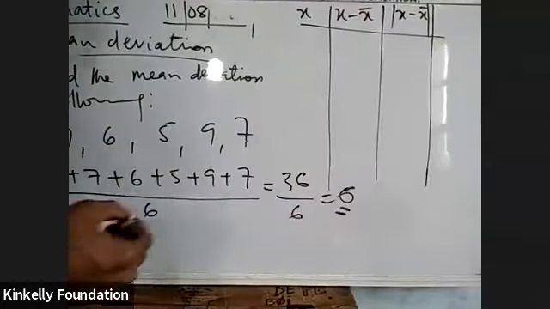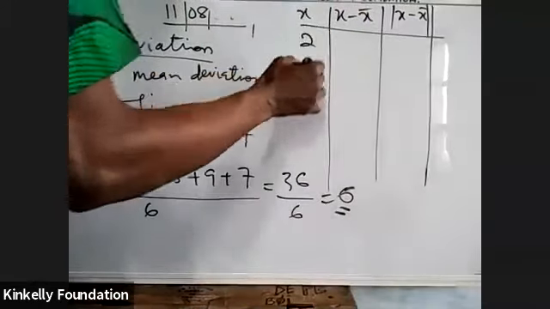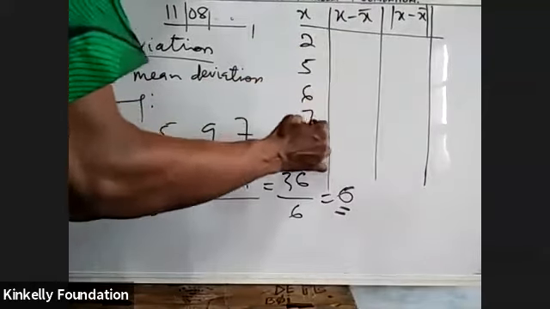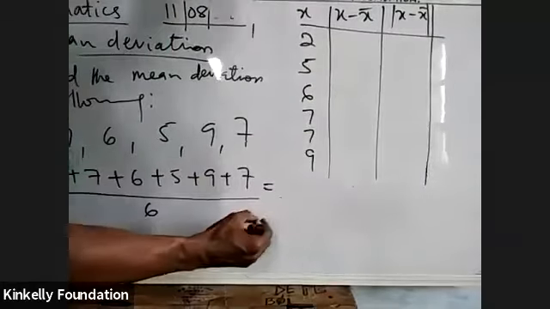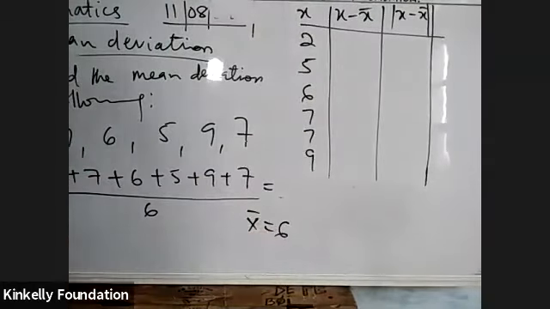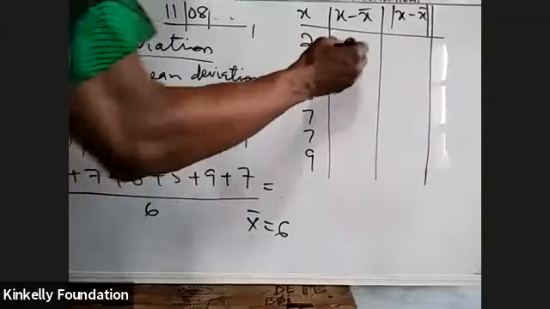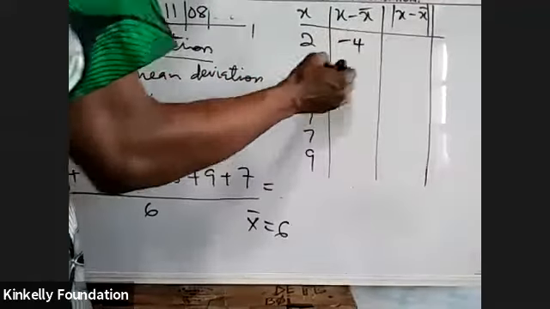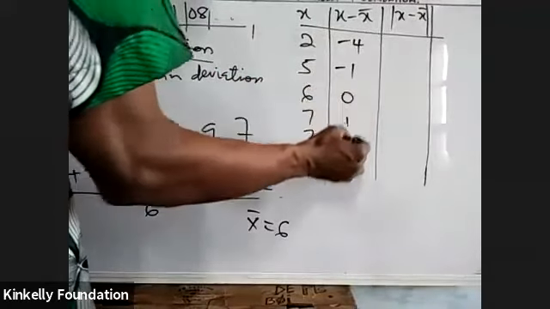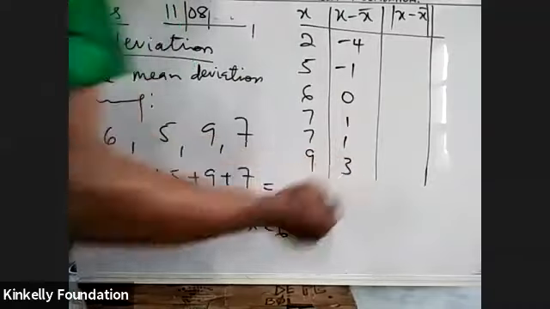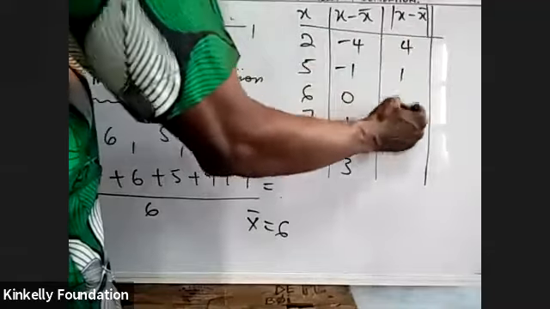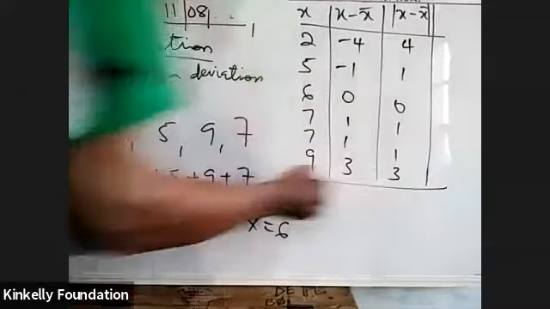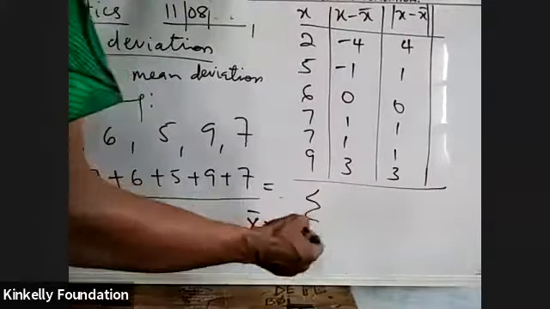The first one we have is 2, let's say 2, 5, 6, 7, 7, 9. We have noted our mean is 6. Now let us take 2 minus 6, which is minus 4. Then minus 1, 0, 1, 1, 3. The absolute values will be positive 4, 1, 0, 1, 1, 3.